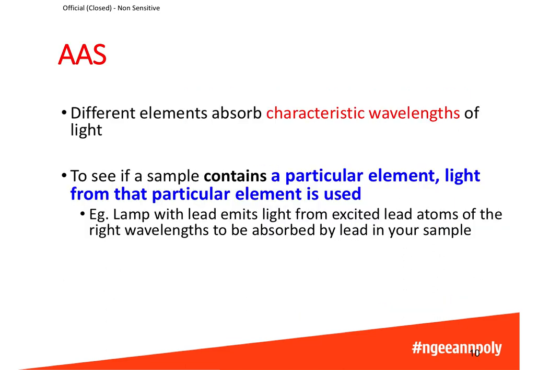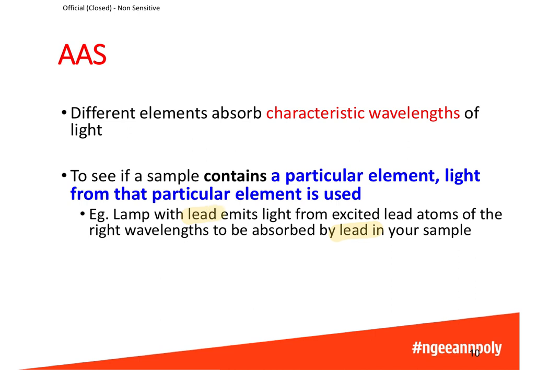Different elements have different atomic absorption spectra, meaning that they absorb different wavelengths of light. In AAS, to test whether a sample contains a particular element, light from that particular element will be used. For example, if you want to find the amount of lead in your sample, then you will also need to use a lamp with lead as the radiation source.